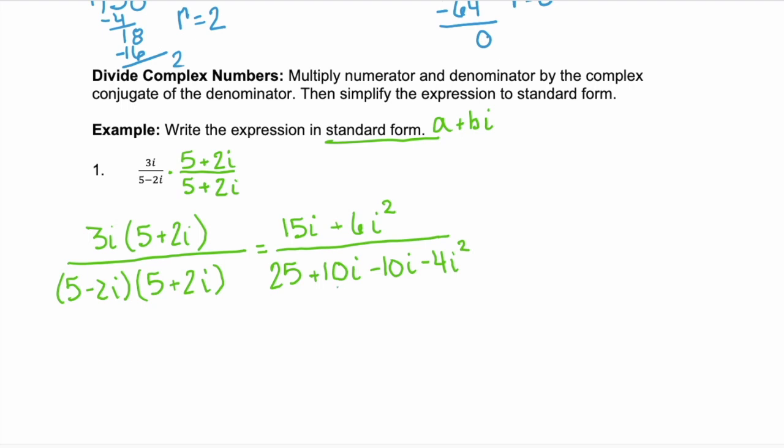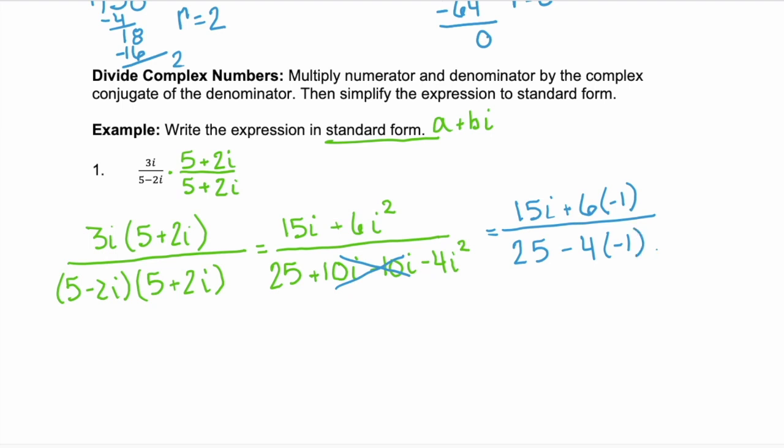Now, these middle terms in the denominator cancel each other out. Our numerator is 15i plus 6i squared, but i squared is negative 1. And our denominator is 25 minus 4i squared, which again is minus 1.